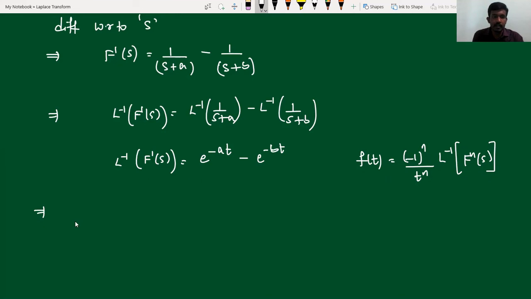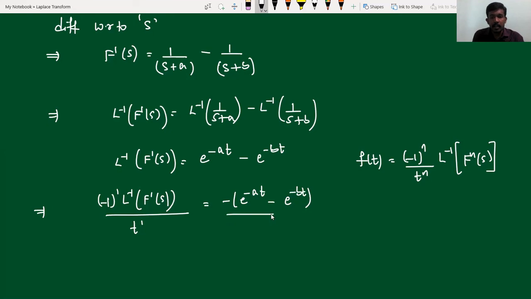So which implies that (minus 1) to the power of 1 into the inverse transformation of F dash of s divided by t to the power of 1 is equal to, again here also the same thing, it is minus 1 multiplied into e to the power of minus at minus e to the power of minus bt divided by t to the power of n. The n value is equal to 1 in this case, it becomes t.